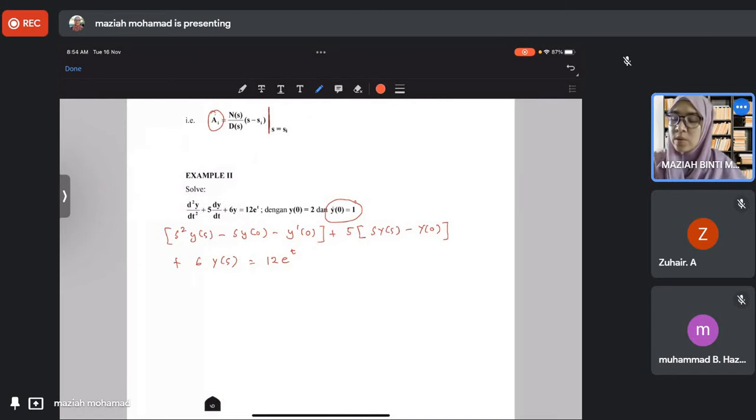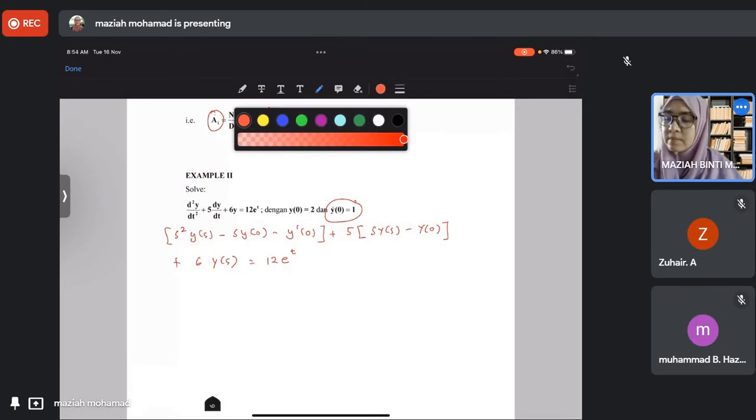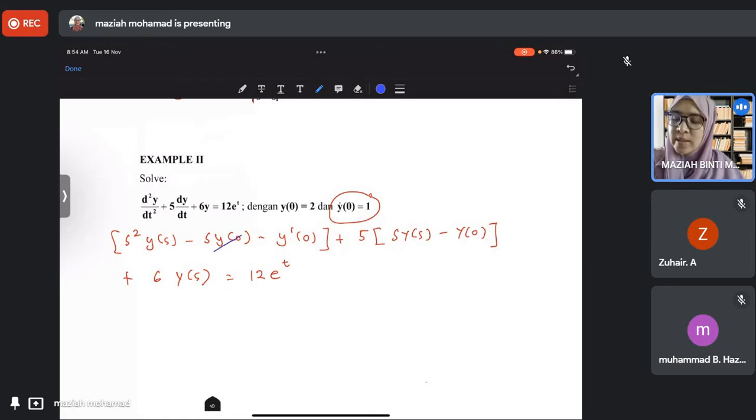Right, so let's apply the initial condition. Okay, y0 is 2 and then y prime 0 is 1. Then exponent t is equal to 1 over s minus 1.